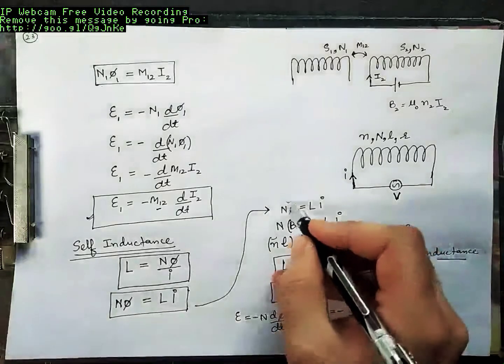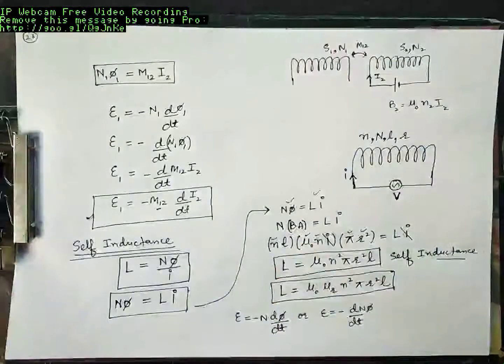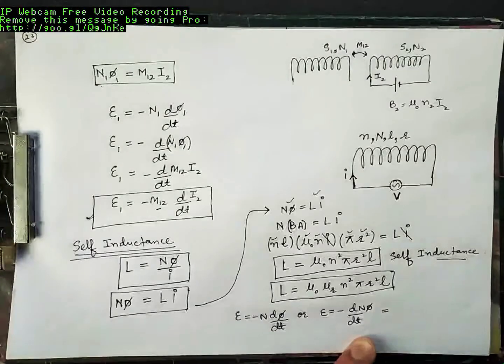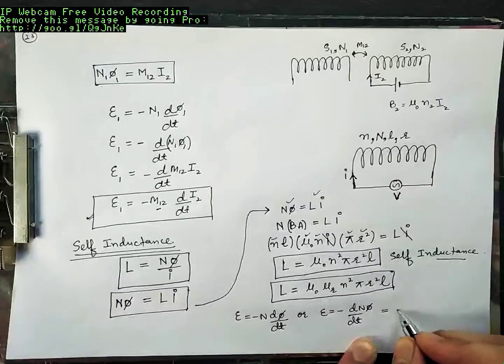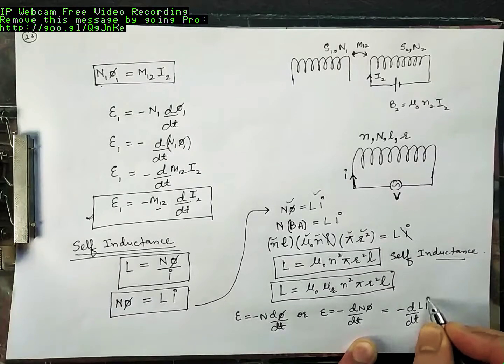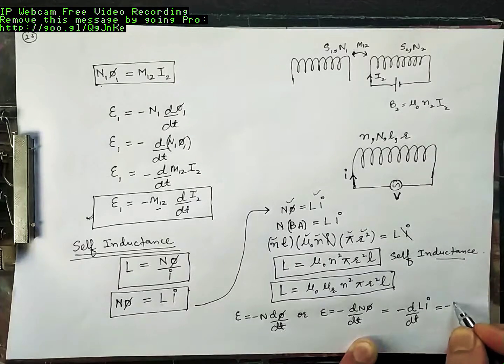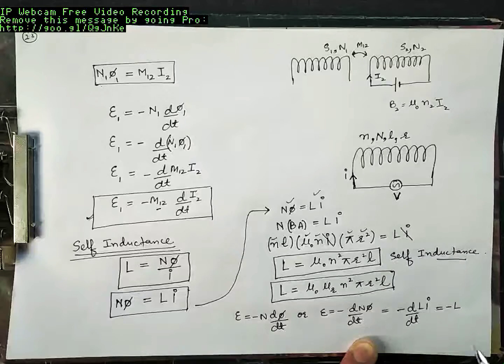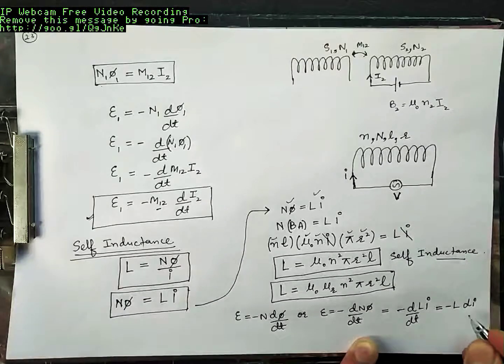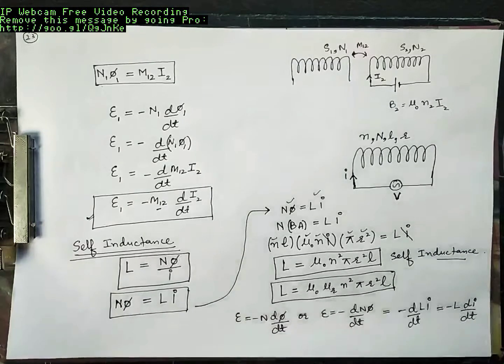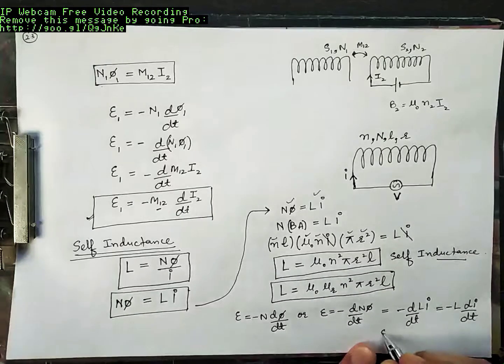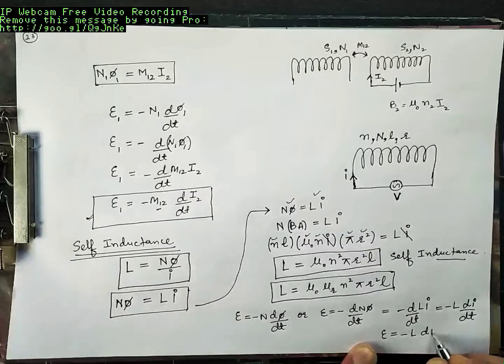But we already know this N phi is equivalent to L into I, so I can write this as minus d by dt of L into I, or I can write this as minus L, taking L out because L is constant or independent of time, di divided by dt. The expression that we have obtained here is E is equivalent to minus L di divided by dt.